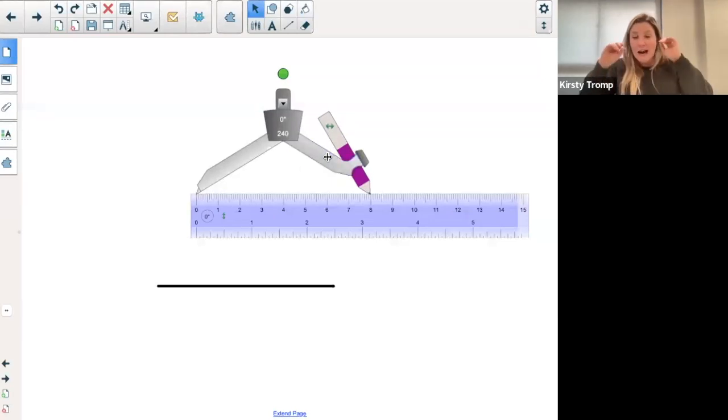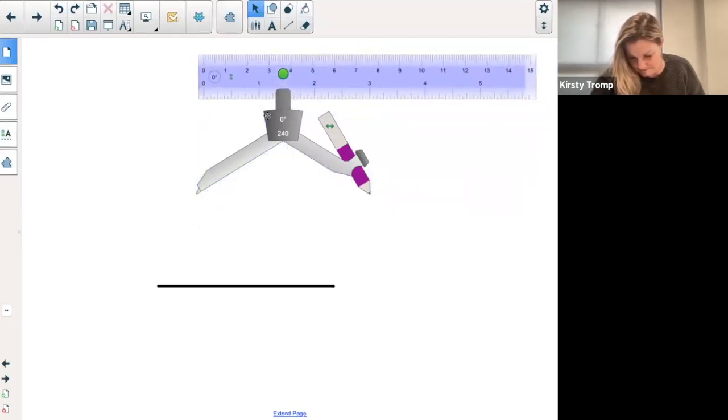I've stretched it out, so now it's sitting at 8. Right, so hopefully you're with me. So I took my compass, I stretched out the arm so that he's got 8 centimeters now.